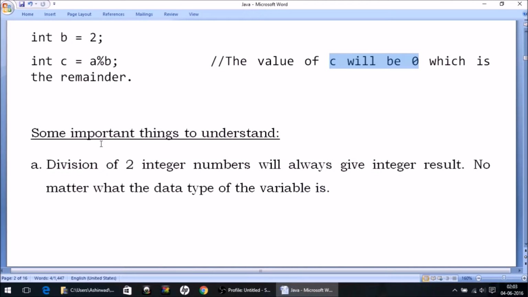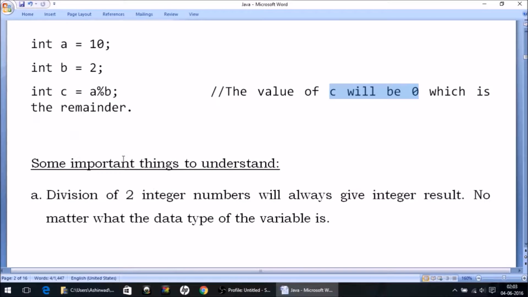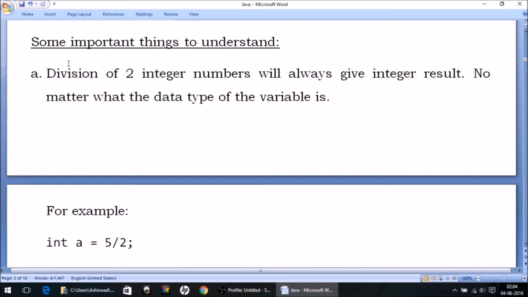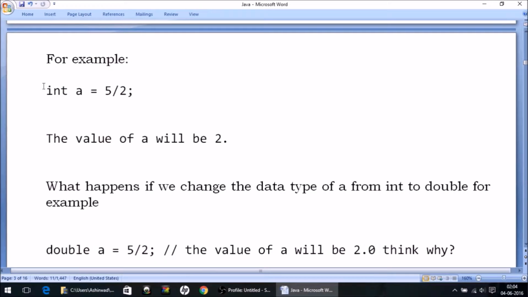Now, as far as the arithmetic operators are concerned, the understanding is quite simple, but there are a few interesting things that you should always keep in mind before dealing with them. The first thing: division of two integer numbers will always give an integer result. Remember that. In this example, I have written int a is equal to 5 divided by 2.